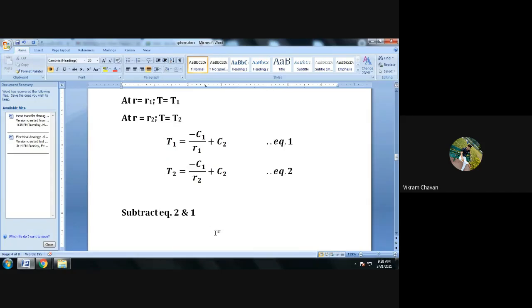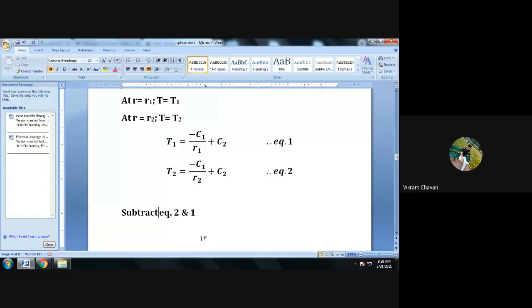Write this down: subtract equation 2 and 1. So T2 minus T1, we have to subtract equation 1 from 2.